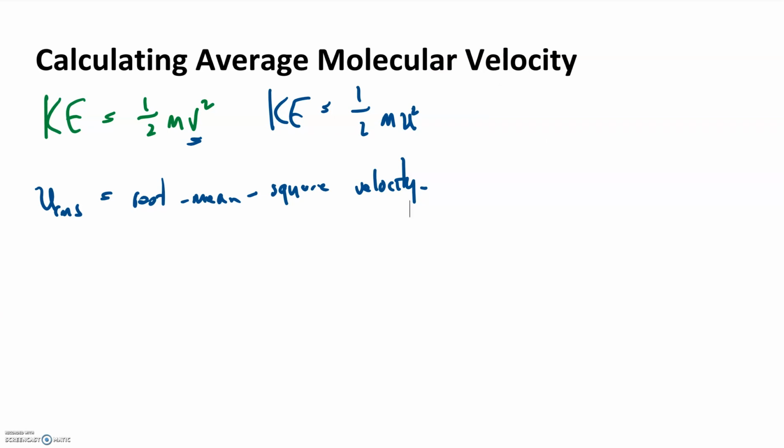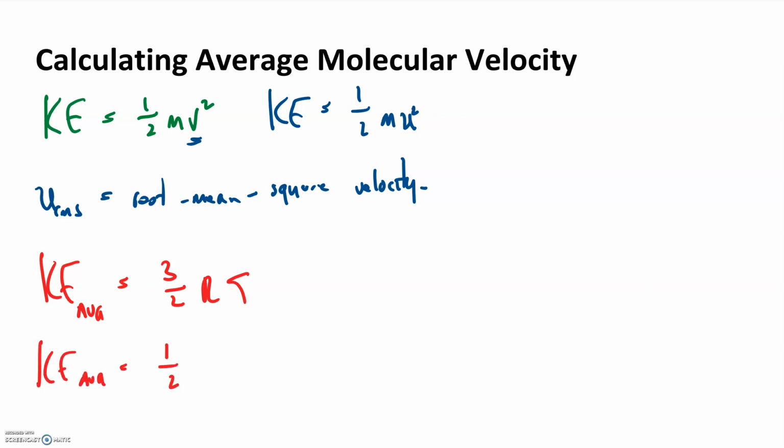If we know that the average kinetic energy of a bunch of molecules is equal to 3/2 RT, but we also know that kinetic energy, average, is equal to 1/2 m, and we're going to use a u, not a v this time, then what we have is this. 1/2 m u squared equals 3/2 RT.